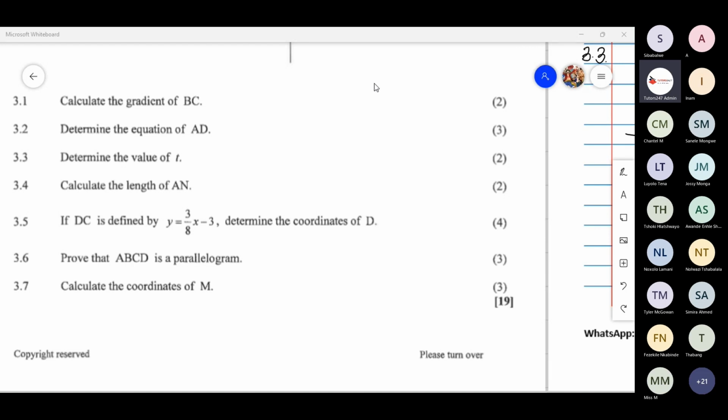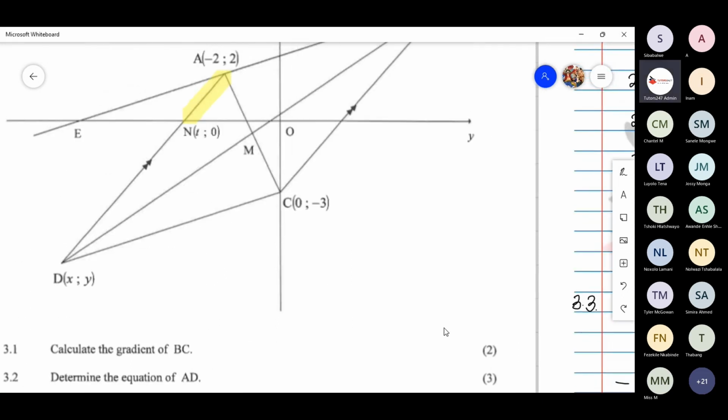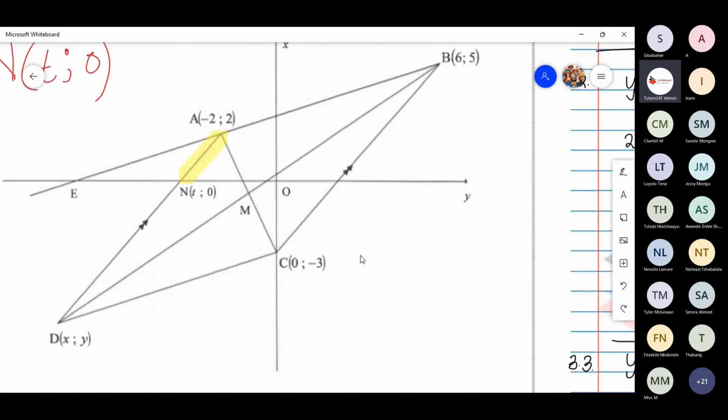So we go up to our diagram. Where is DC? Okay, DC is at the bottom of our diagram. It is the yellow line that I have highlighted.